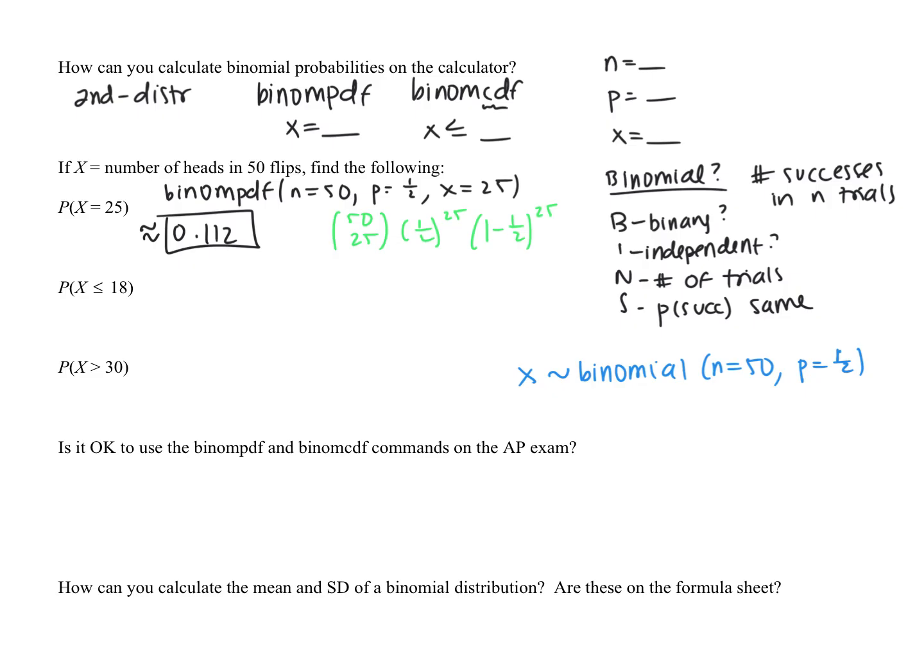Okay, so then the next one, probability that x is less than or equal to 18. On your calculator, that is a CDF. So you'll do CDF. N is still 50, p is still 1/2. This time x is 18. When you do CDF, the calculator is going to calculate 18, 17, all the way down to 0.